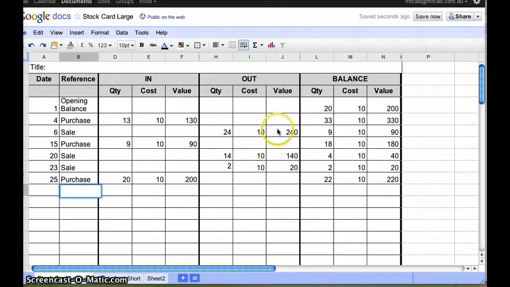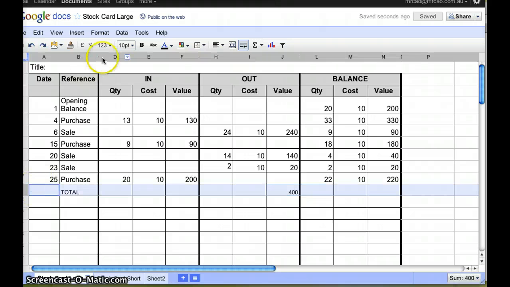So we simply sum up the values here: 240 plus 140 plus 20, which gives me 400.